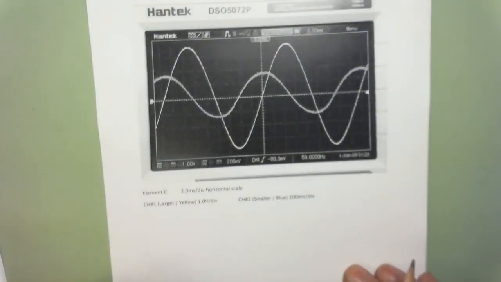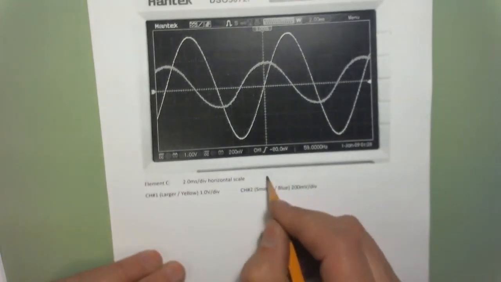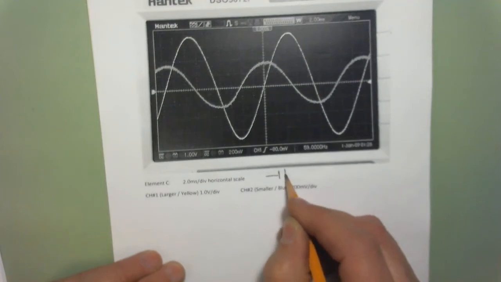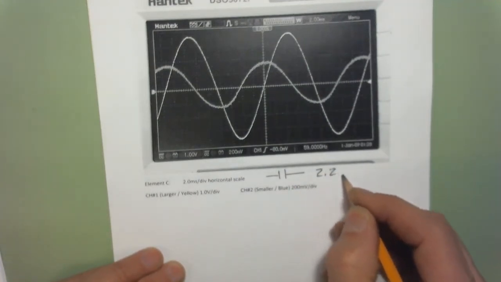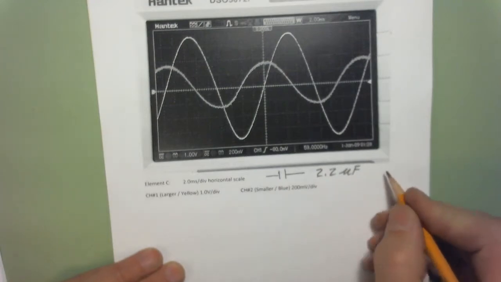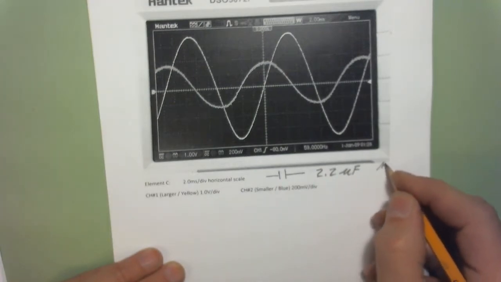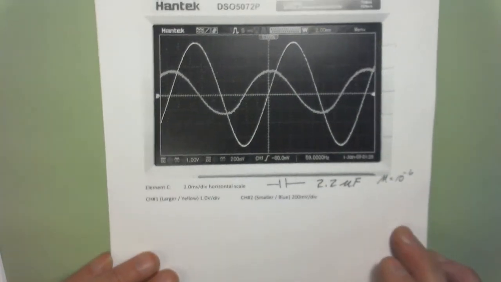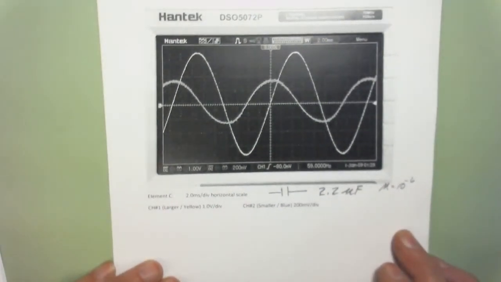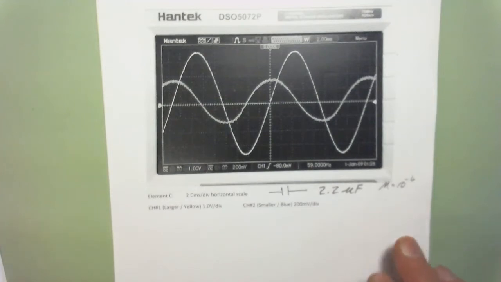So that's element number B. Element number, or letter C, that's the capacitor. So we've got the capacitor there. I believe that was 2.2 microfarads. Remember that micro is 10 to the minus 6. So that's what we got going there. And as you would expect, again, keep kind of seesawing back and forth here.